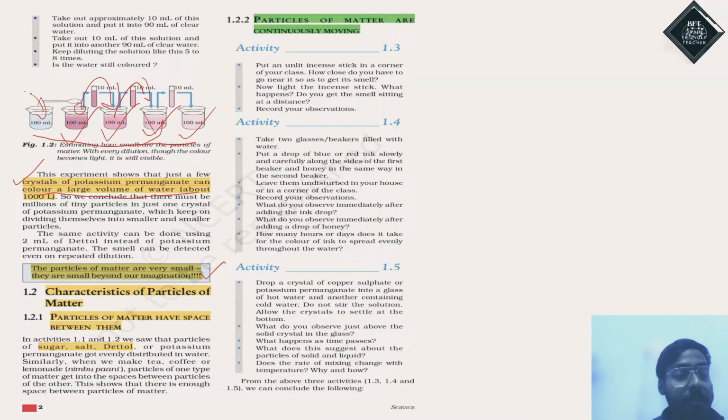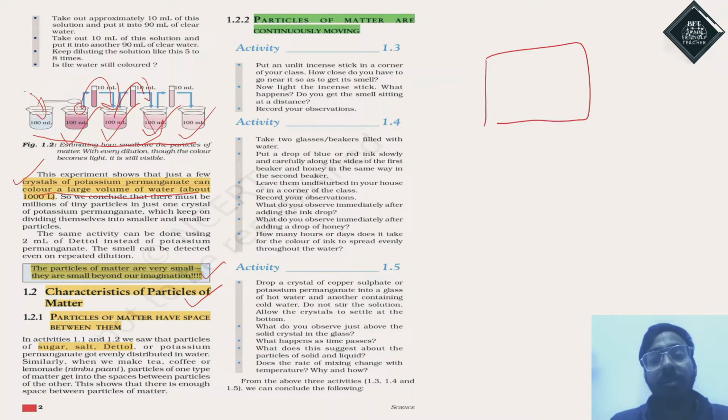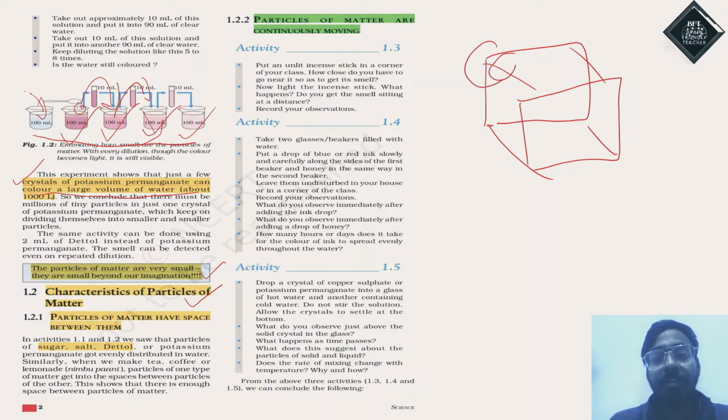Now the characteristics of the particles of matter. Particles of matter have space between them. If we represent it in 3D, we can represent it like this. These are the particles.